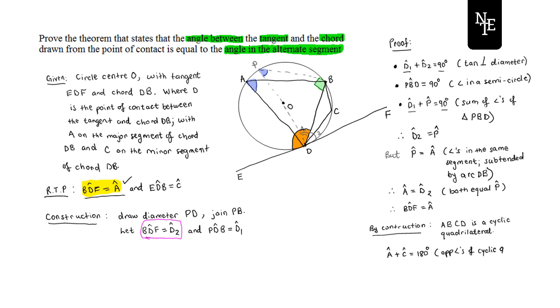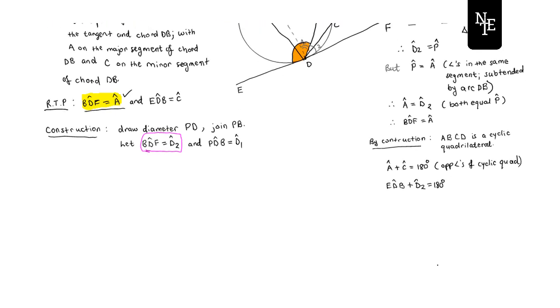And then also over here a tangent is a straight line, so angle EDB plus angle D2 must also equal 180 degrees. The reason for this is angles on a straight line. I'm going to name it EDF.